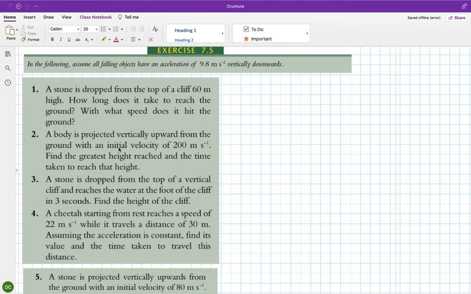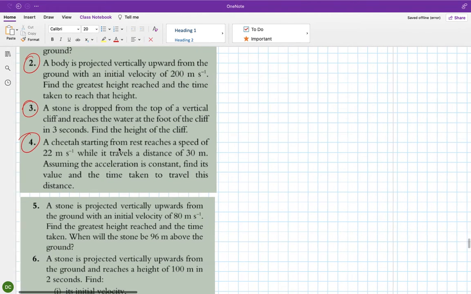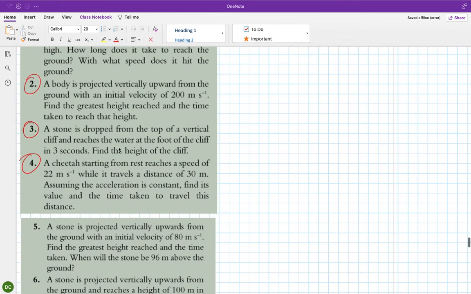Okay, so we'll go... I'm going to do 2, 3, 4. Okay, 5 is a little bit more challenging, but I think you should be okay. Okay, so 2, 3, 4, and 5 is going to be your homework.